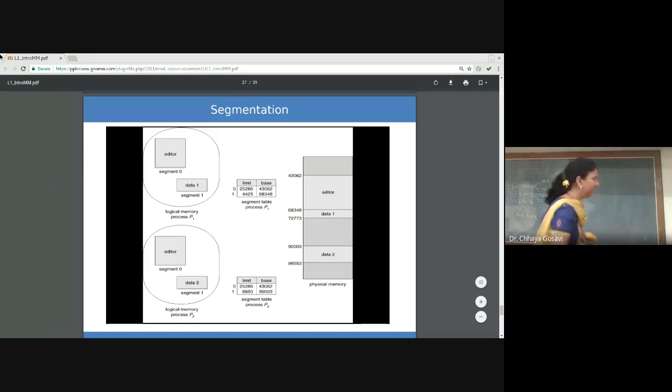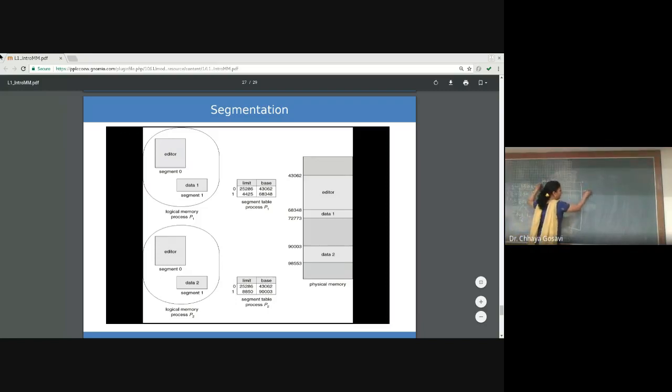Just for simplicity, I'll call them segment 1, 2, 3, 4, 5 and 6. And in main memory, these segments can be loaded anywhere, starting from the top. So suppose the starting address is 0, the size of S1 is 100K.